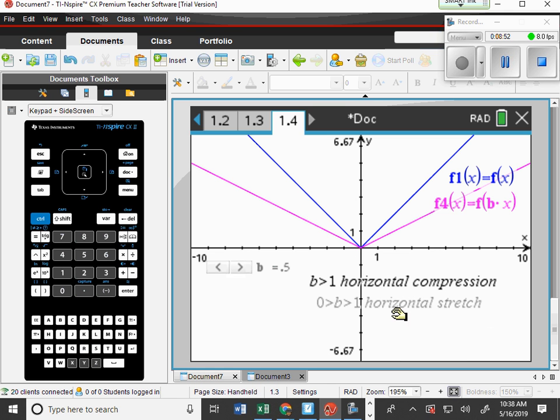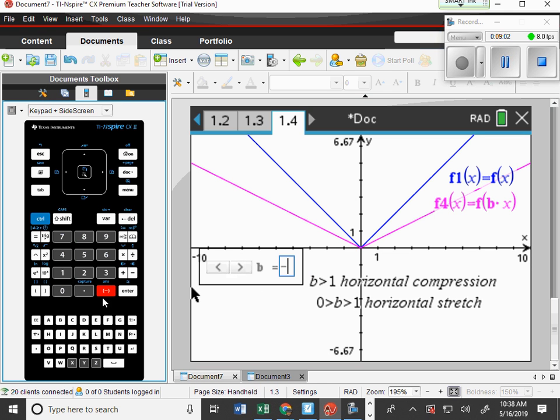Okay. Now, of course, b can be negative. Let's see what happens when b is negative. In this particular example, it may be hard to see. So what if I just let b be -1 and I hit enter? Okay, you can't really tell. It looks the same.